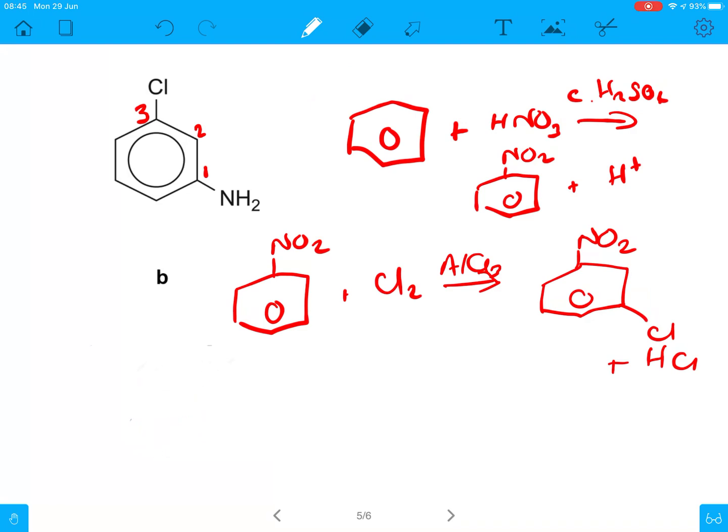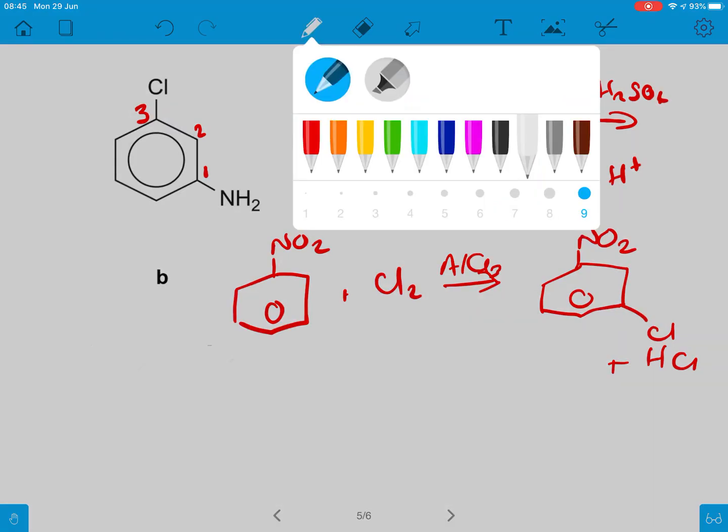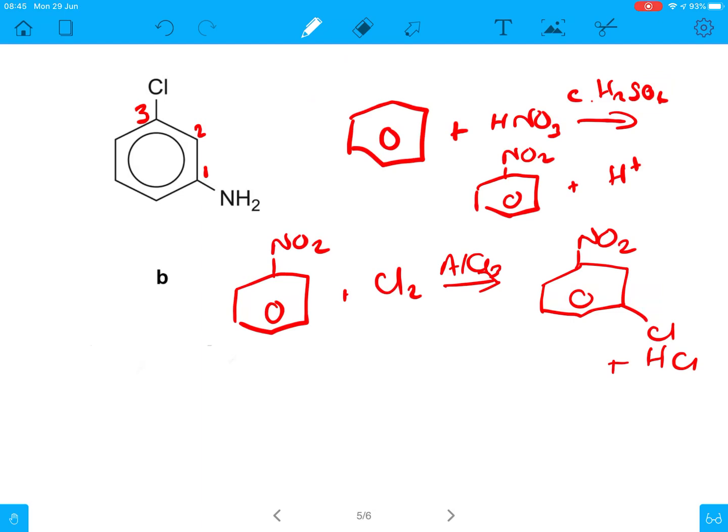So what we're going to do is get rid of that, as we should have done earlier, and we go blue and there, perfect. And we're going to say we have our NO2 and our correctly placed chlorine, and we're going to reduce that.